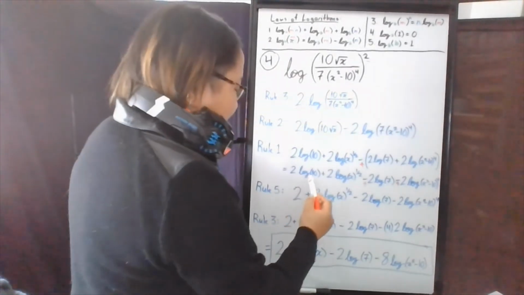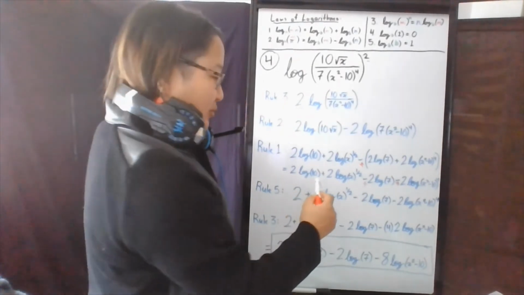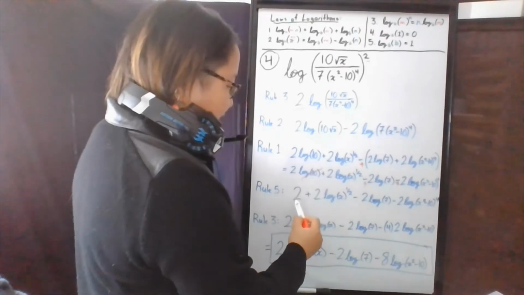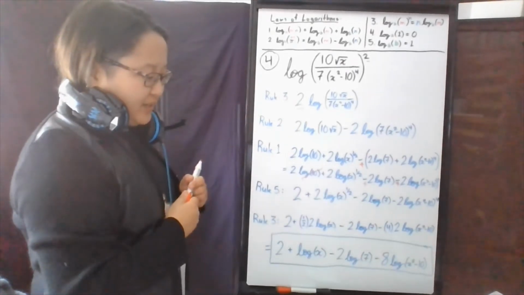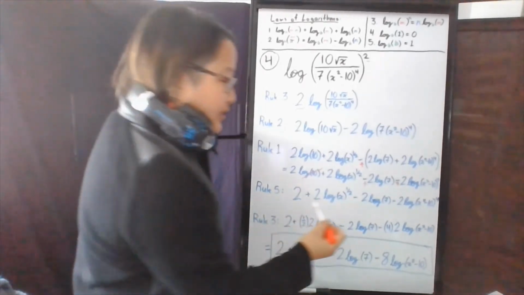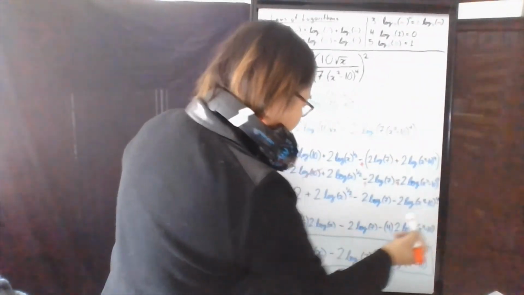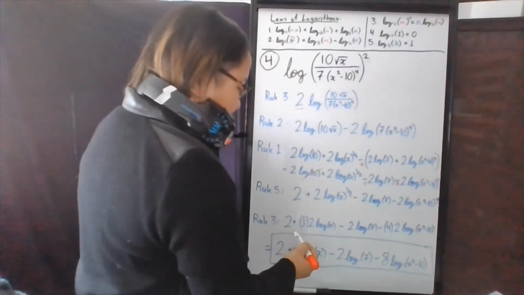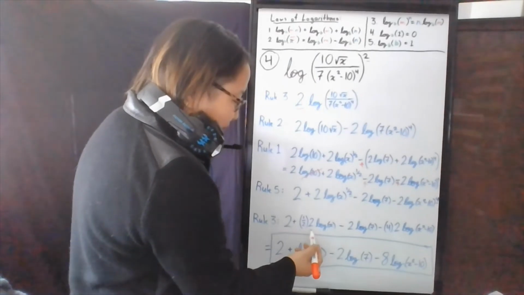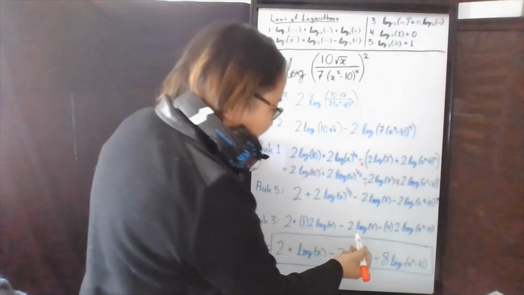Then for rule 5, you just note that there's 2 log 10 of 10, which is the normal log, and you cross that out, so it just turns into 2. Everything else stays the same. For rule 3, you'll notice that there are some powers here of the different logarithms, 1/2 and 4. And what's important to note is that those powers come down in front and combine with the constant, or with the function that is already in front of that.